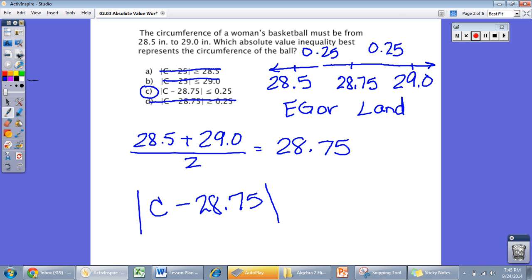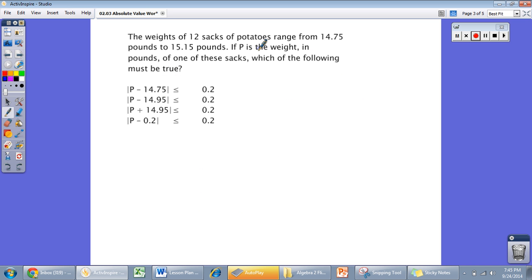Let's take a look at another problem. The weights of 12 packs of potatoes range from 14.75 pounds to 15.15. Now the fact that there's 12 sacks of potatoes really doesn't make a difference. We're going to look at the average because they didn't provide that in this problem as well.